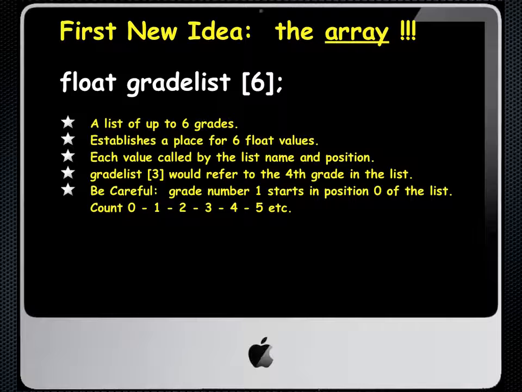Note, I still have 6 locations, but my first location started at 0, not 1. This would mean that grade number 6, the last grade in the list, would be at position 5. So remember this, our first position in the list is always 0, and our last position in the list is always, however many numbers are in the list, minus 1.